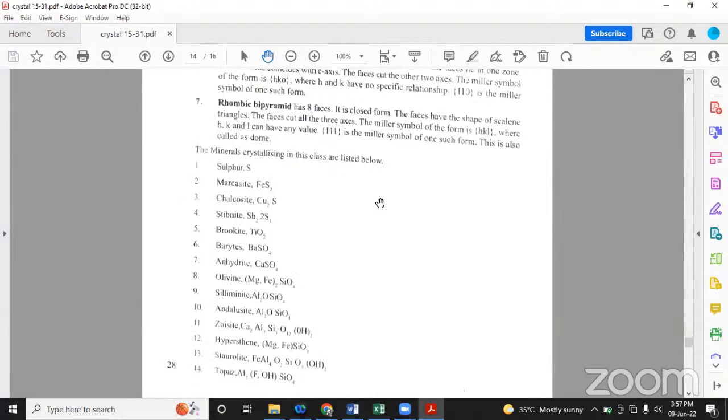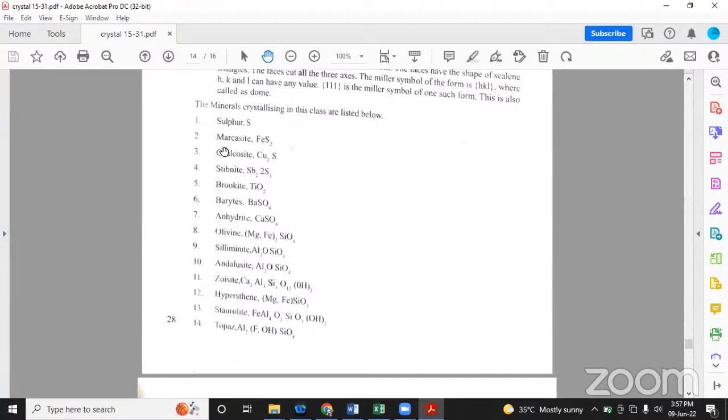The minerals that come into this orthorhombic system are sulfur, marcasite, chalcocite, stibnite, brookite, barytes, BaSO4 for barium sulfate, TiO2, Sb2S3 stibnite, sillimanite, andalusite, geosite, hypersthene, staurolite, topaz.